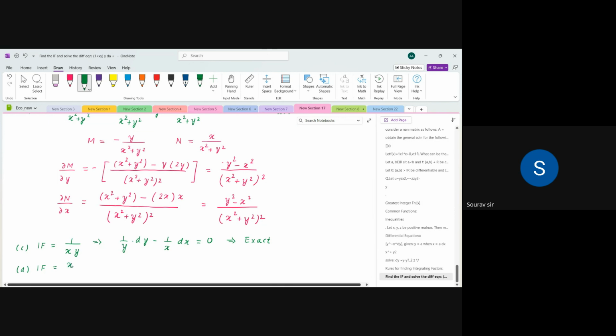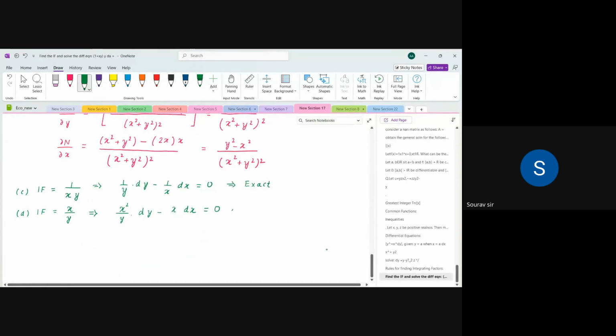If your integrating factor is x by y, then that will be x squared upon y dy minus x dx is equals to 0, right?